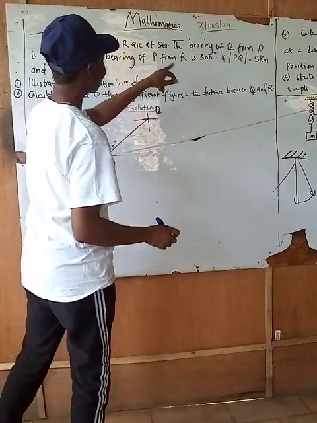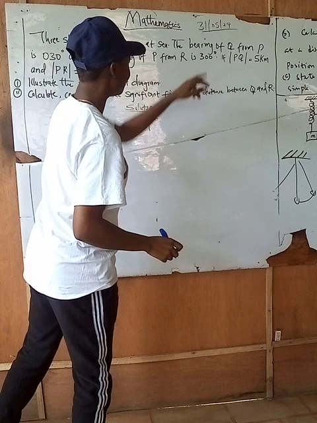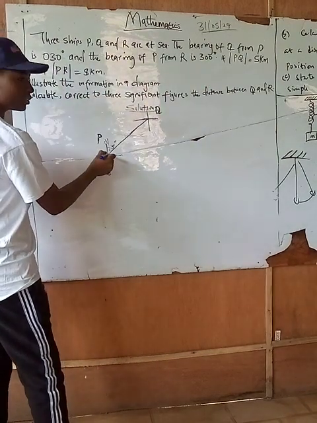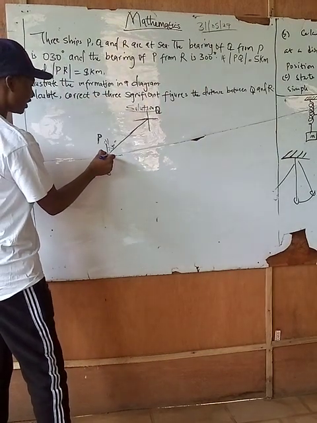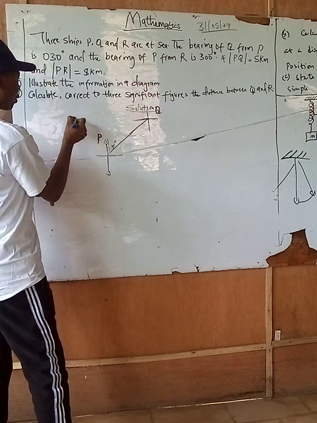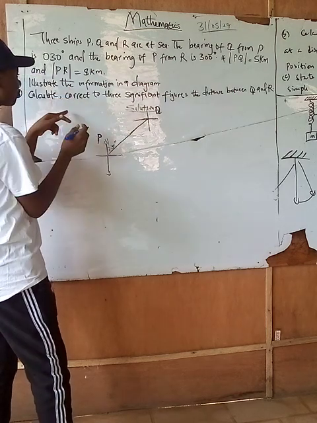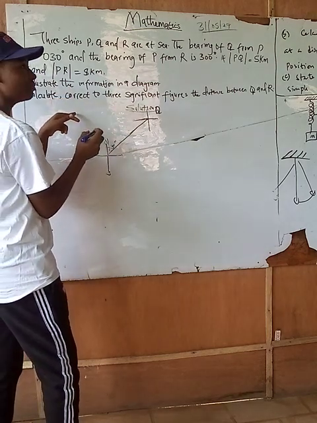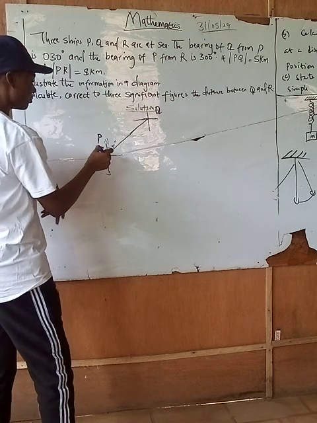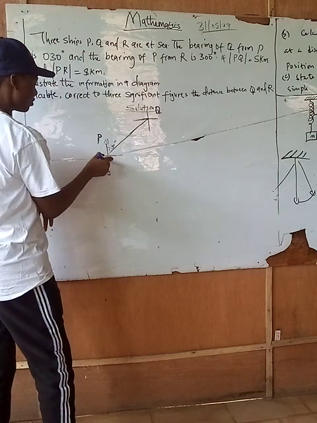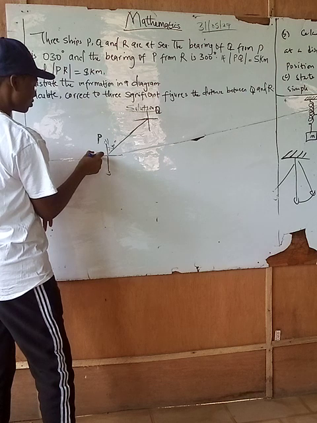They say the bearing of P from R is 300. But if we take it from here, by the time we get to R, it will fall around, from here to here is 270.